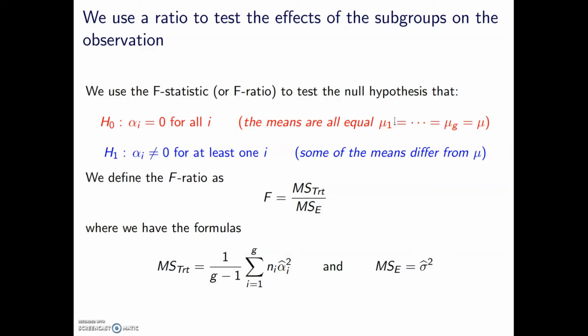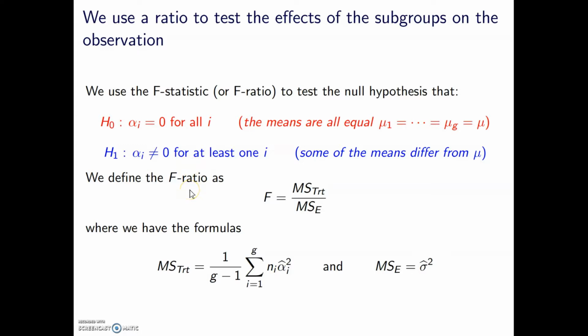The F statistic tests the null hypothesis H0, that there is no difference between groups, meaning that alpha sub i is 0 for all groups i, while the alternative hypothesis H1 says there's a difference for at least one group, meaning that alpha sub i is not equal to 0 for at least one group.